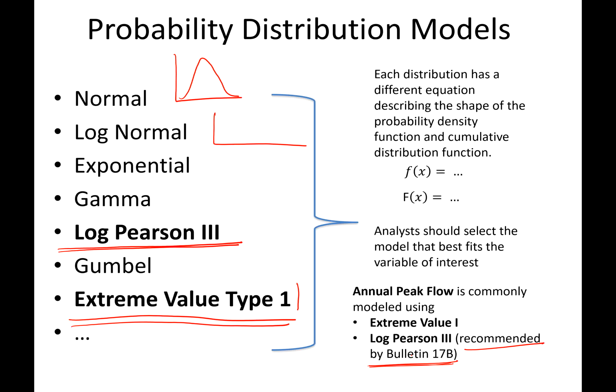So Bulletin 17B is just a guideline document created by the United States Geological Survey to perform flood frequency analysis in the US, and it is actually used a lot in other parts of the world. So let's see how we can perform flood frequency analysis by using these two methods, EV1 and Log Pearson Type III.